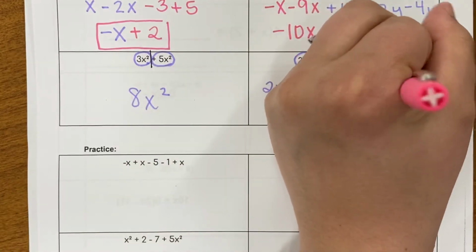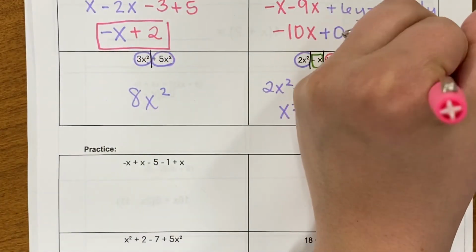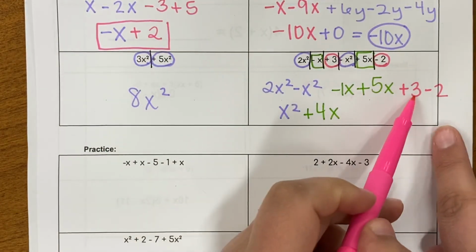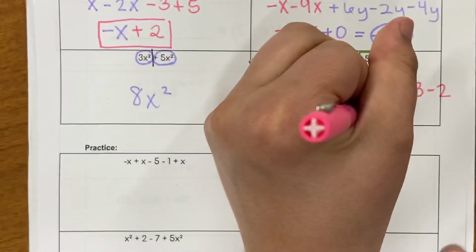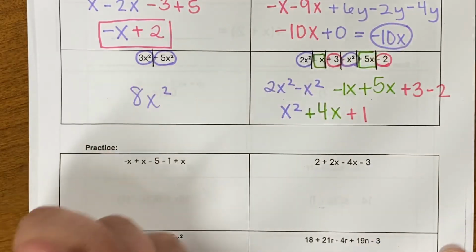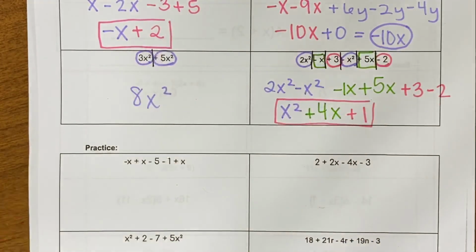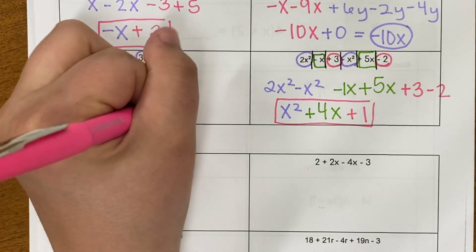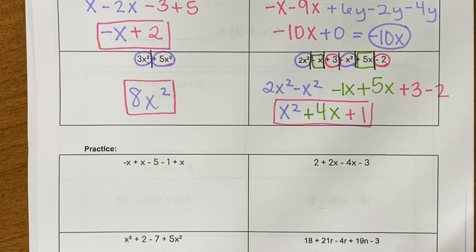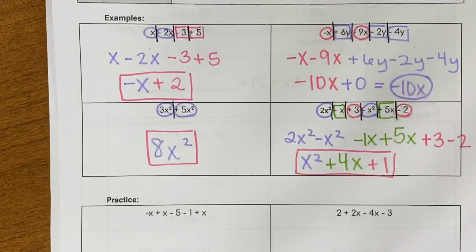So I have plus 3 minus 2, which is equal to positive 1. So this is my simplified expression. Now that we have completed some examples, you will work on the remaining examples on your own.